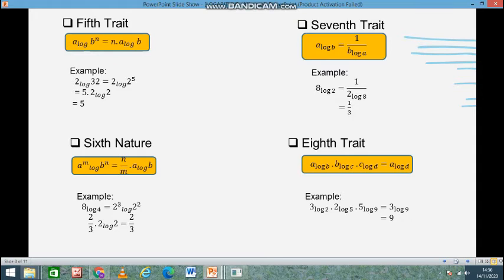The numeral's exponent is divided by the base's exponent, so you have to be careful in this section not to reverse it. So 2 divided by 3 times 2 log 2 equals 2 divided by 3.